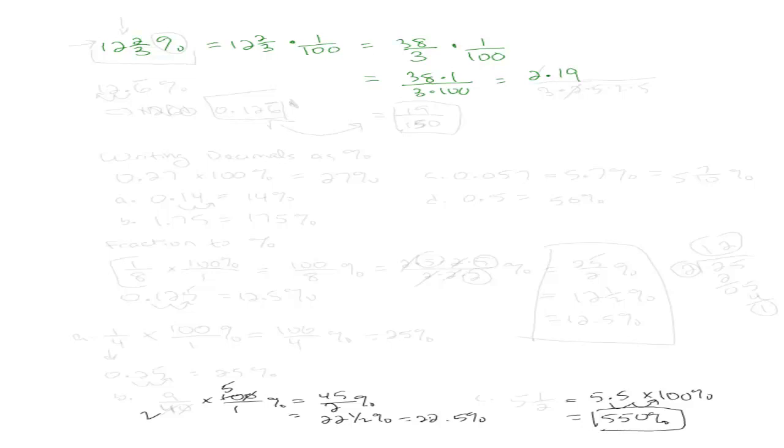Yeah, 2 times 9 is 18, carry the 1. 2 times 1 is 2, and 1 is 3. And then 3 and 100 can be broken up into 2 and 5 and 2 and 5. You with me up to here? Okay. And then I can cancel out the 2's. My reduced version in this case is 19 over 3 times 5 times 2 times 5. So 3 times 5 is 15, times 10 is 150. So my final answer here is 19 over 150.